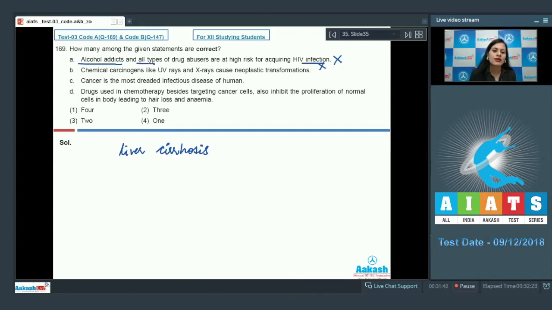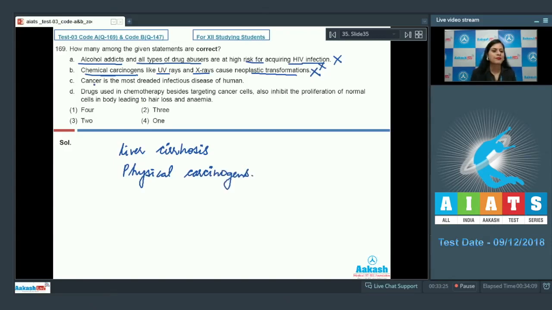Moreover, not all type of drug abusers are at high risk of acquiring HIV infection, because generally it is the injectable drugs used by these abusers which increase the risk of acquiring HIV infection. The next statement given is chemical carcinogens like UV rays and X-rays cause neoplastic transformations. And this is an incorrect statement, because UV rays and X-rays are not chemical carcinogens but physical carcinogens.